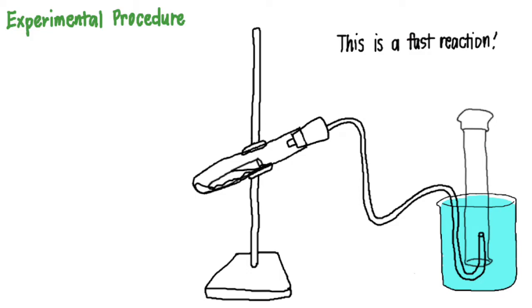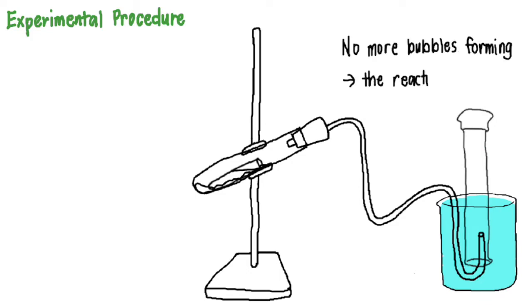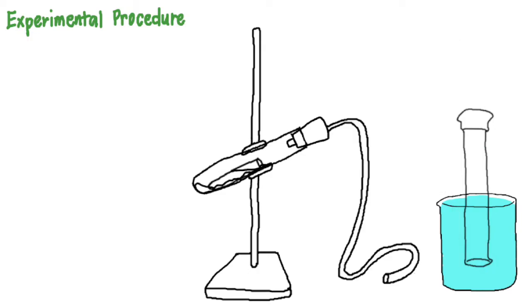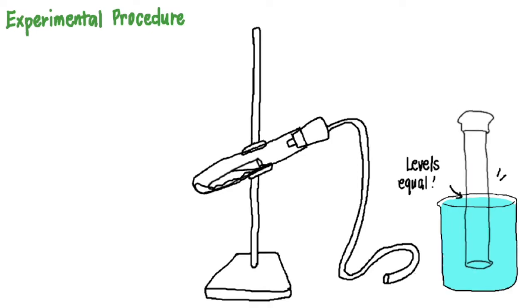This reaction is very fast. When gas generation has stopped, it means the reaction is finished. Remove the rubber tubing from the gas collector. Adjust the height of the cylinder so that the level of water inside the cylinder and the level of water inside the beaker are aligned. Finally, read and record the volume of the gas inside the cylinder.